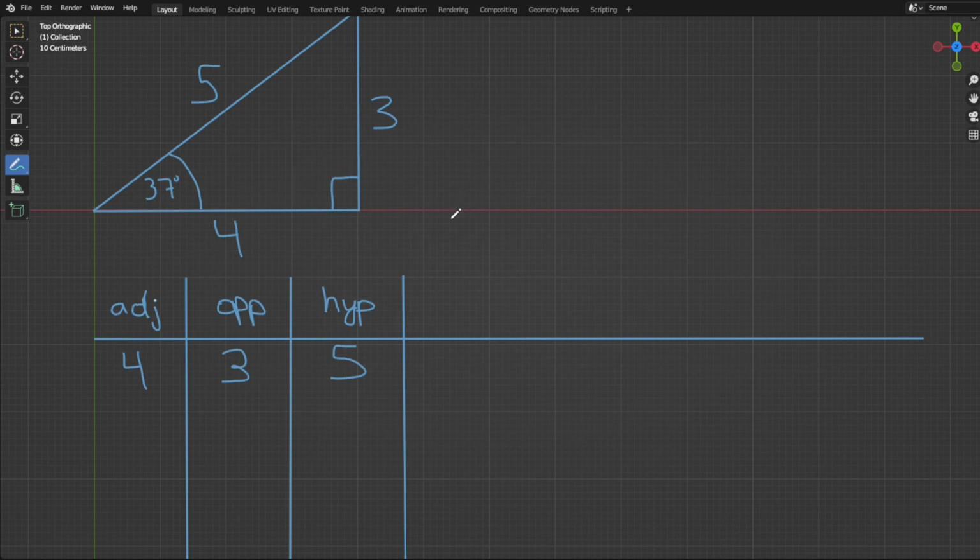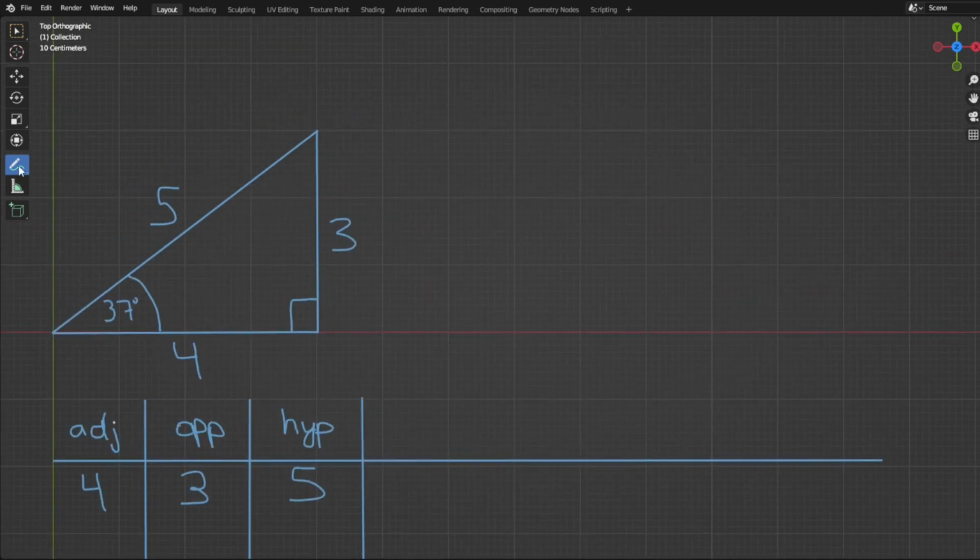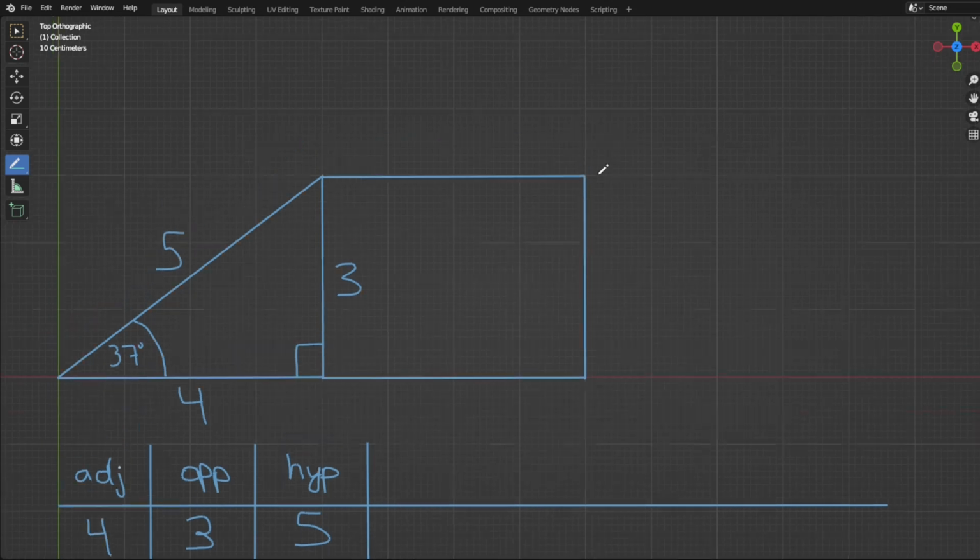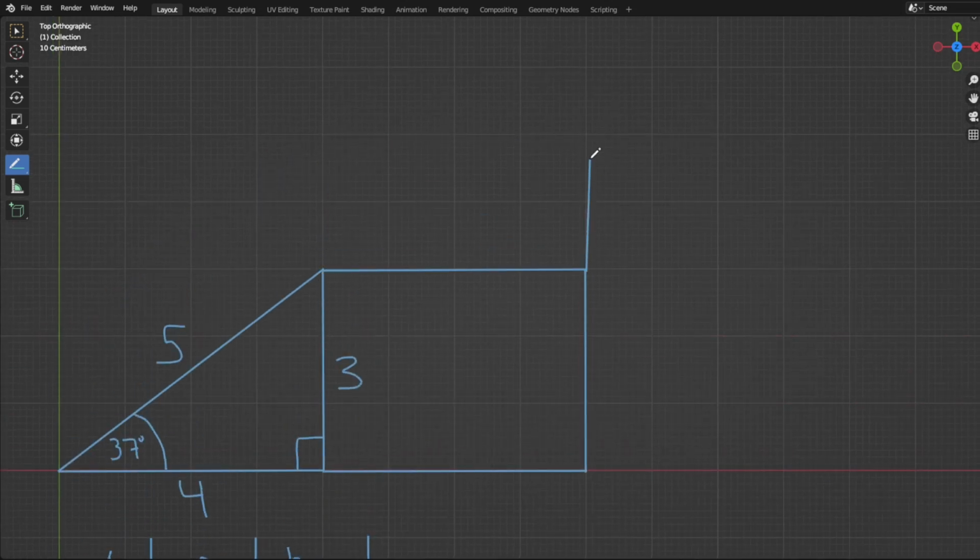All right, so let's expand on this idea a little bit more to get an idea of some of these trigonometric values. Let's double this side here. We'll do it up top again, and then we'll go 3 up also. And then we'll go another 3 up, so we'll go up to 6 up here.